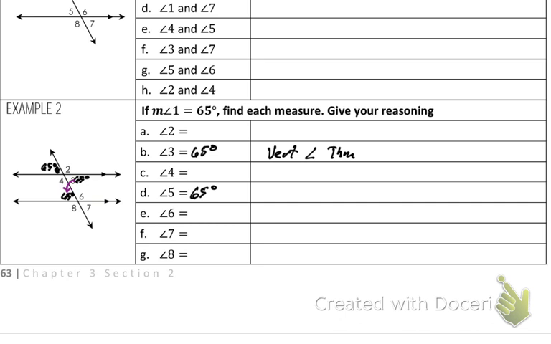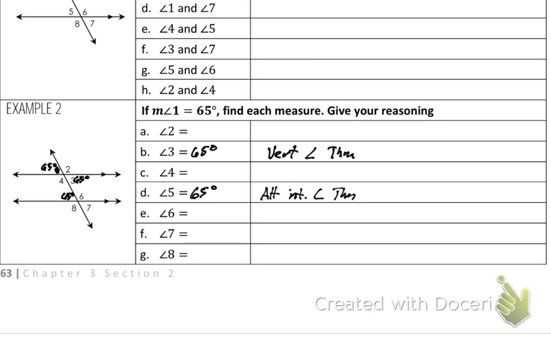My advice is pick the one that you use to get to the 65. I might have used alternate interior angles since I already had 3, so maybe for myself I might put 5 because I used alternate interior angle theorem, but maybe you use corresponding. Does anyone see another one that would be 65 degrees? 7? How'd you get to 7?